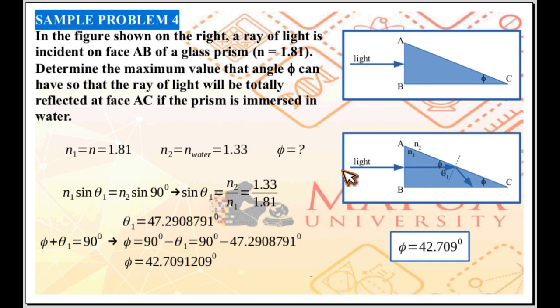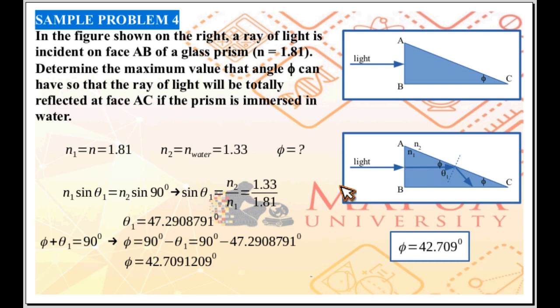Now, the light ray incident on AB, as previously mentioned, the angle of incidence is 0. Which means if we are to use Snell's law, the equation Snell's law will give us angle of refraction of 0 as well.